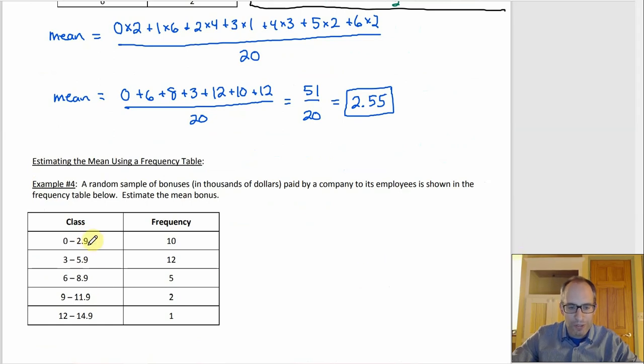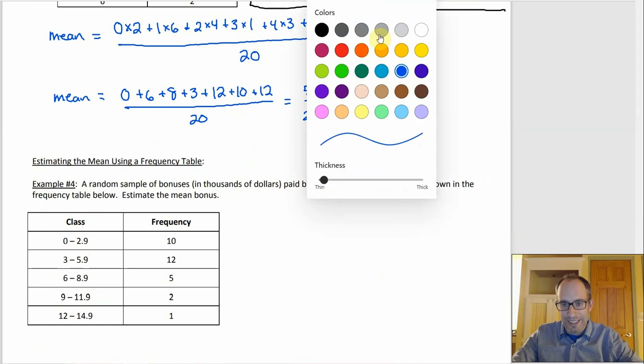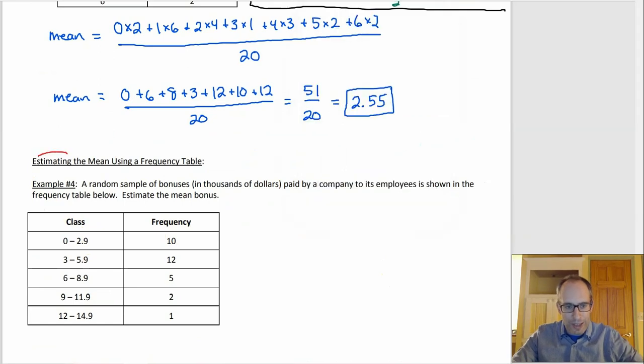Because you don't have the individual values, right? You don't know what those 10 values are that are in there. So you can't get the actual mean, and that's why it says that we are estimating the mean. So we've got a random sample of bonuses in thousands of dollars paid by a company to its employees, and we're going to estimate the mean bonus.